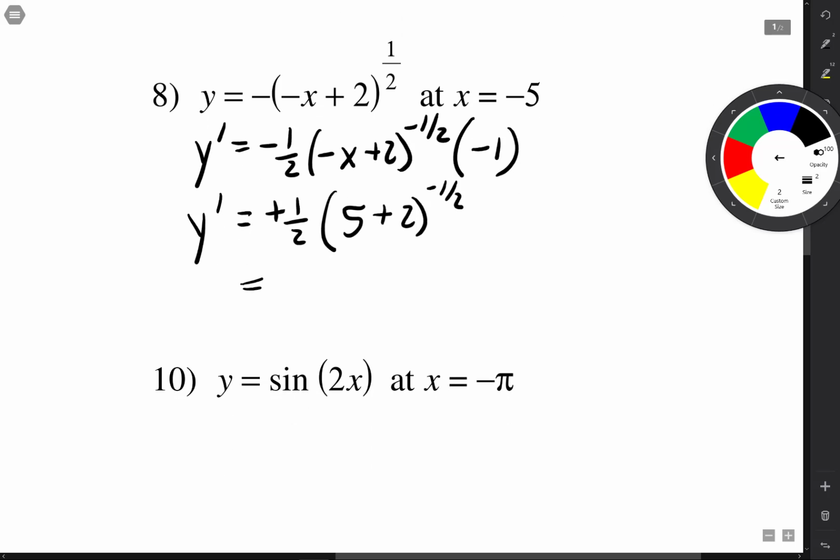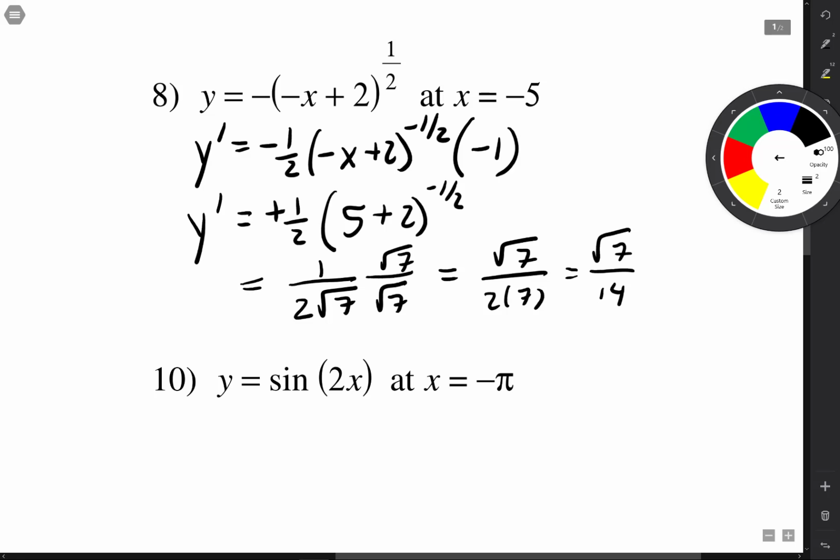And so this is going to be 1 over 2, and the square root of 7 will go on the bottom, because the 1/2 makes it the square root, the negative puts it on the bottom. And if I rationalize this, I get the square root of 7 over 2 times 7, so the square root of 7 over 14.